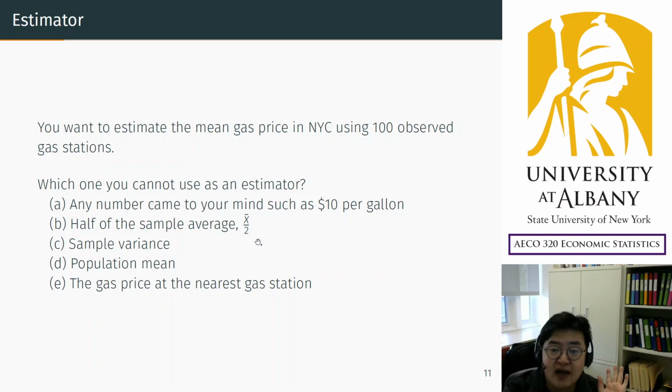If you cannot calculate it, then that is not an estimator. Among these five, D is not available. So think about this. The population mean is actually what you want to estimate. You don't know this, so you'd like to estimate it. So it cannot be an estimator, right?